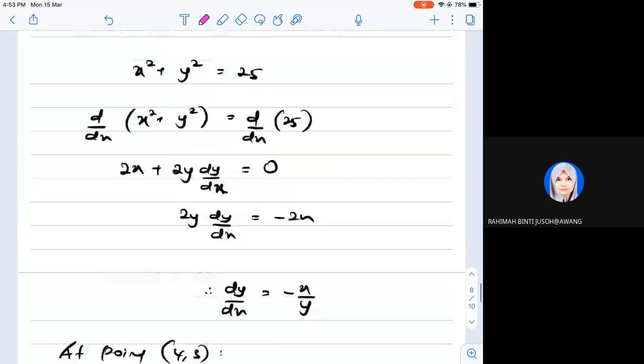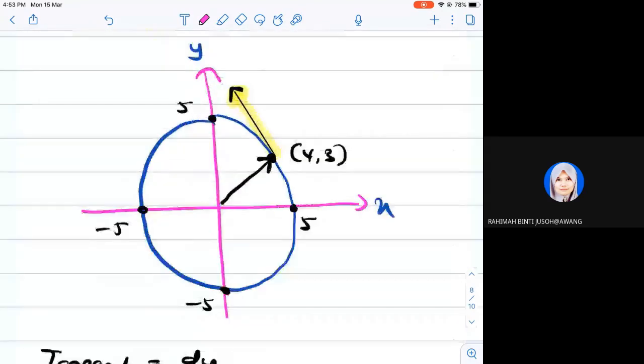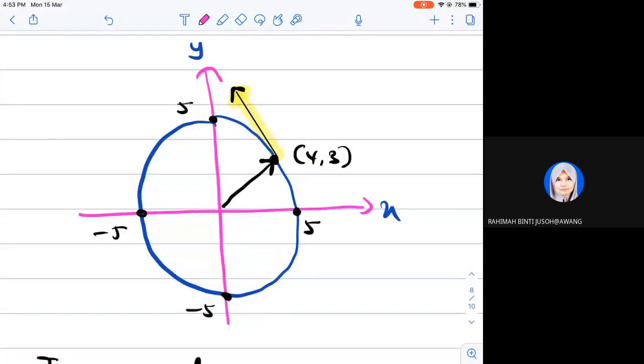To get the yellow vector, this tangent, move to the left. Good. So when I move to the left, it means the x direction should be negative, isn't it? Yes. So move to the left and then move up. When moving up, y is positive and x is negative in the case of our tangent.